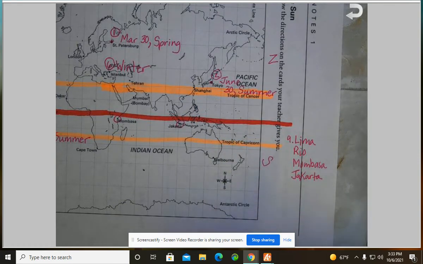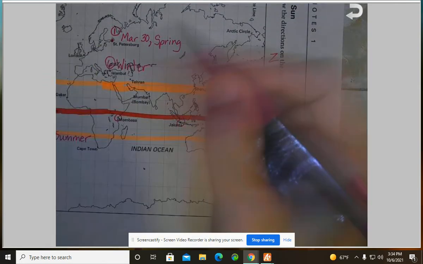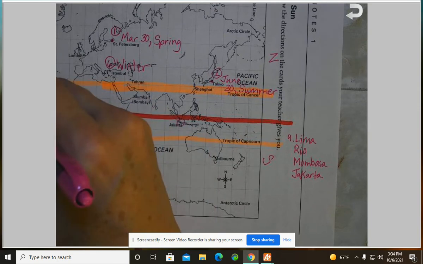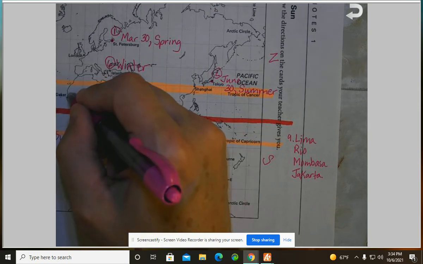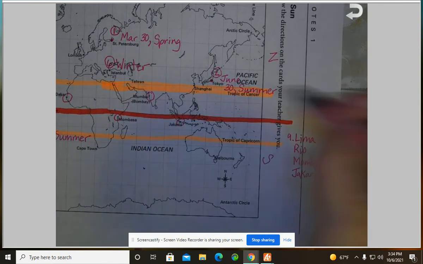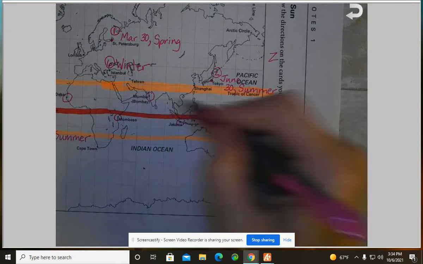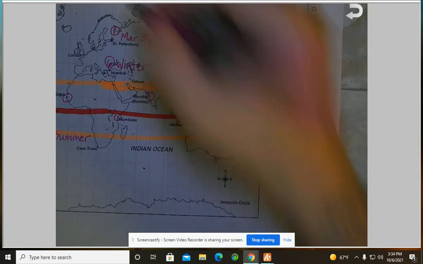Now, find the 2 temperate zone cities that are in both the northern and western hemispheres and label each of them temperate zone. So we have Mexico City, Dakar, Mumbai in the northern hemisphere.